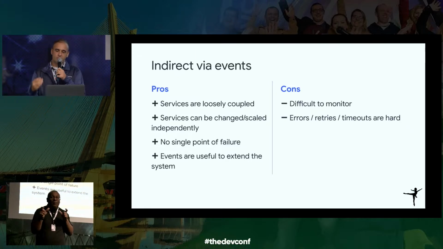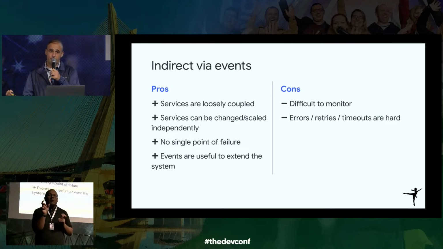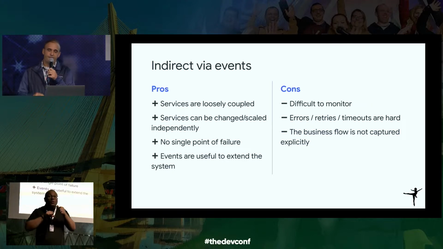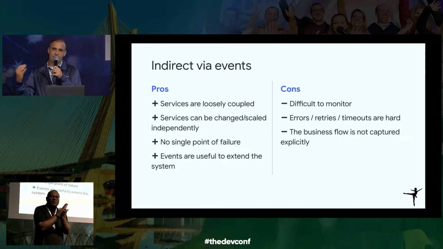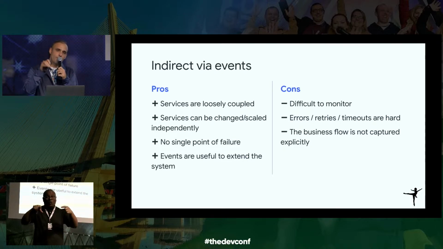The error, retry, and timeout logic that I talked about before, you still need to think about them, so they're still hard to do. The flow of your application is not captured anywhere. It just happens in an indirect kind of way, and there's no single place you can go to and say, okay, this is how my system should work, this is how the events should flow. You can't really point to a single place for that.